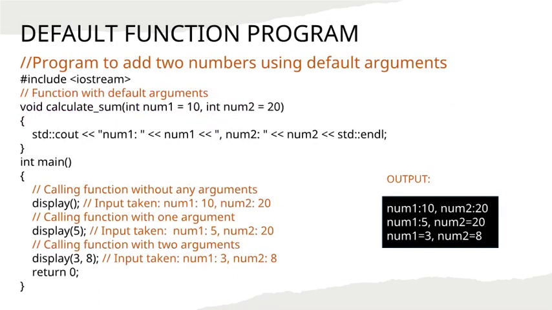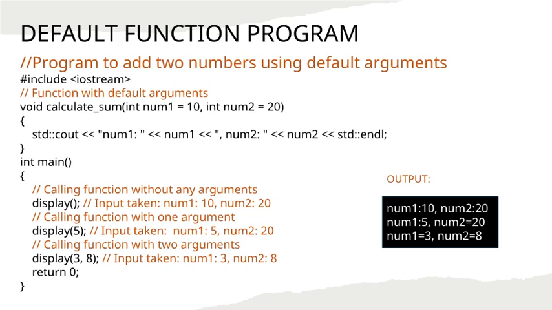Default arguments in C++ streamline function calls by allowing you to omit some or all arguments, which can significantly reduce code redundancy. In the example, the calculate sum function is defined with default values for num1 and num2. When the function is called without arguments, it uses these defaults: num1 is equal to 10, num2 is equal to 20.